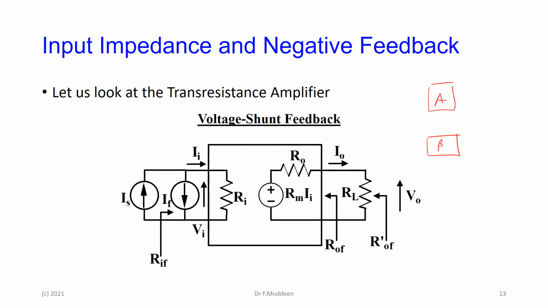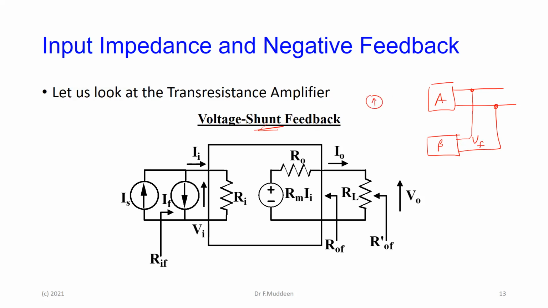Voltage shunt feedback means that the amplifier, if I'm measuring voltage, it means voltage is what is being fed back. So this is what I'm measuring here. So I have a voltage feedback. If it is current or shunt feedback, it means that I'm feeding back current into the circuit. So the particular amplifier is a trans-resistance amplifier.